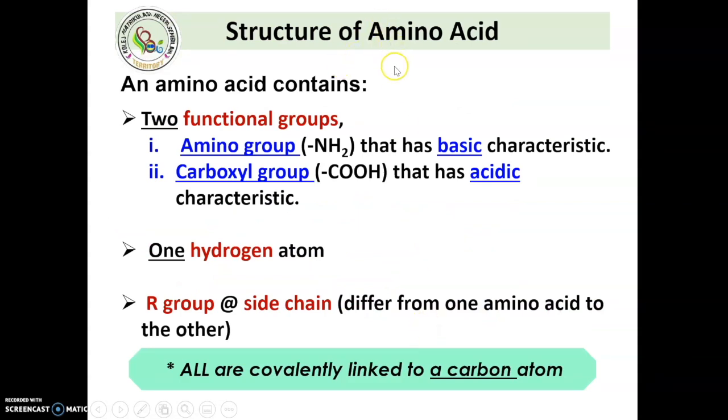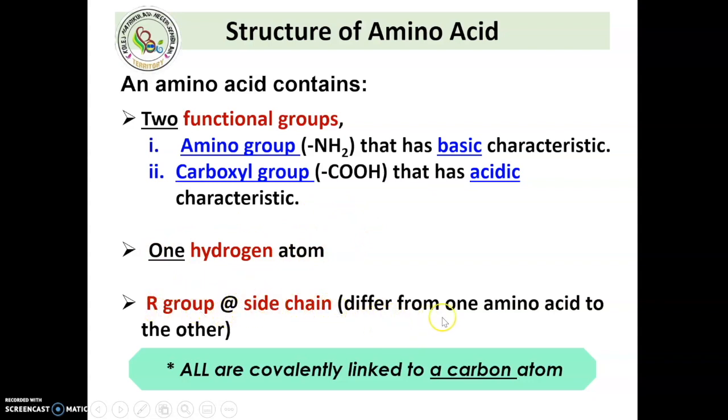Structure of amino acid contains two functional groups. There is an amino group, NH2, that has a basic characteristic. The second one is a carboxyl group, COOH, that has acidic characteristic. Then one hydrogen atom and an R group or side chain.